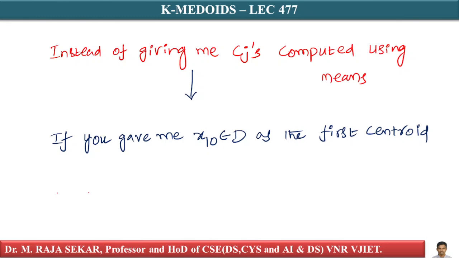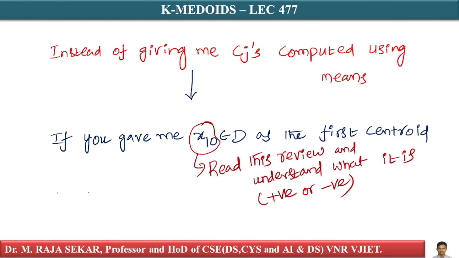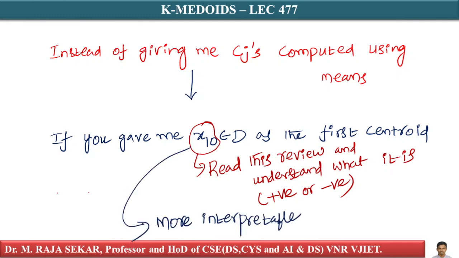I can read this review and understand whether it is a positive or negative review. Let's talk about polarity here. Returning one of the data points as a cluster centroid, instead of something computed using means, is more interpretable, isn't it?